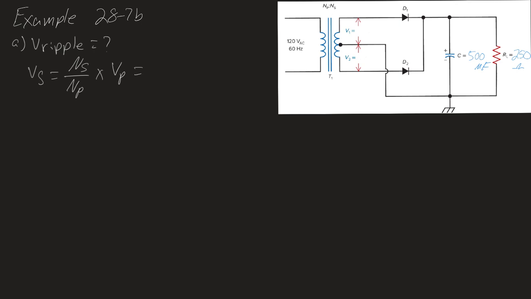In this case, we've got a 2-to-1 transformer. I'll go ahead and write that in there, 2-to-1. So this is going to be 1/2 times 120 volts AC, and that gives us 60 volts AC.